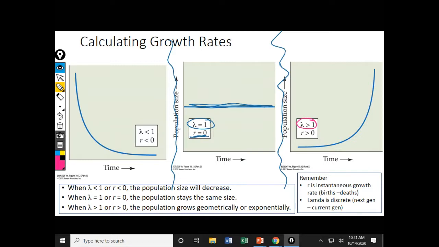Again, a little bit of intuitiveness there: a positive R gives us a positive growth rate.